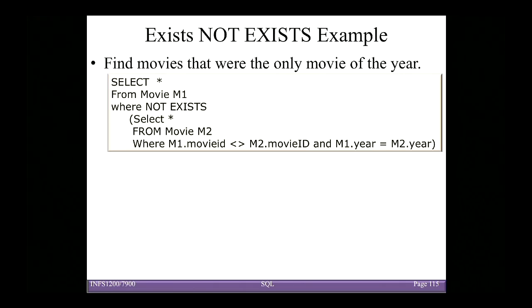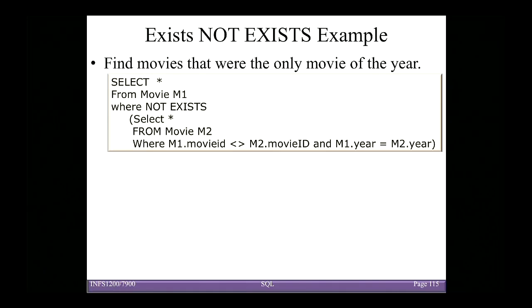Let's do an example. So let's say you want to find movies that were the only movie of the year. You can say select star from M1 where not exists select star from M2 where M1 and M2 are in the same year, but they're different IDs.